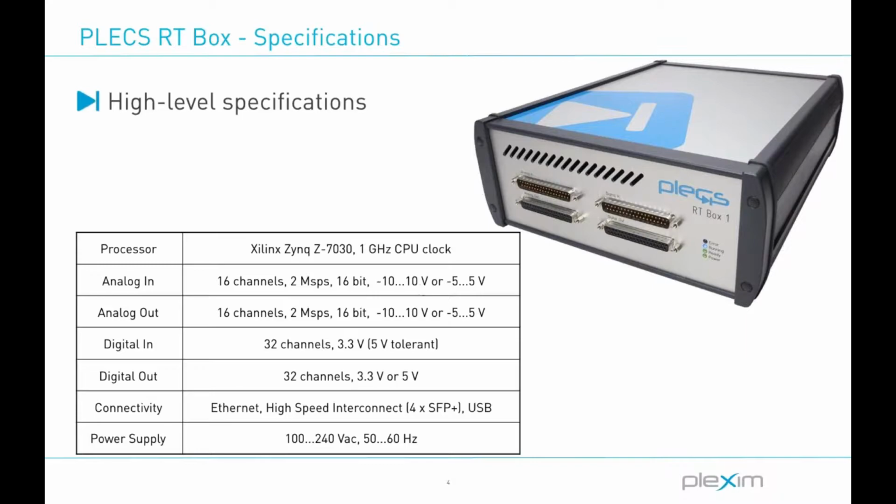On the front of the RT Box, there are 16 analog in, 16 analog out, as well as 32 digital in and 32 digital out channels. On the back of the RT Box, most notably, are 4 high-speed SFP ports, which let you interconnect multiple RT Boxes together. You are welcome to learn more about this topic from a short video found on our YouTube channel or our website.